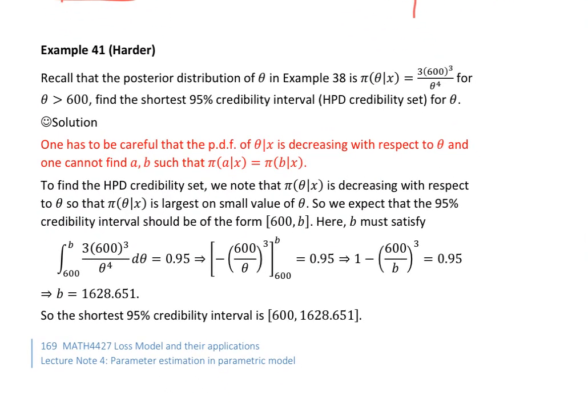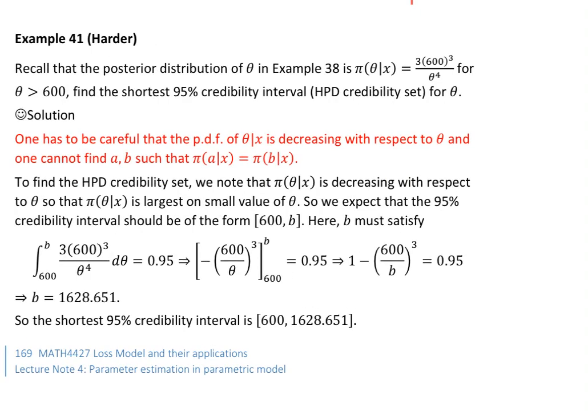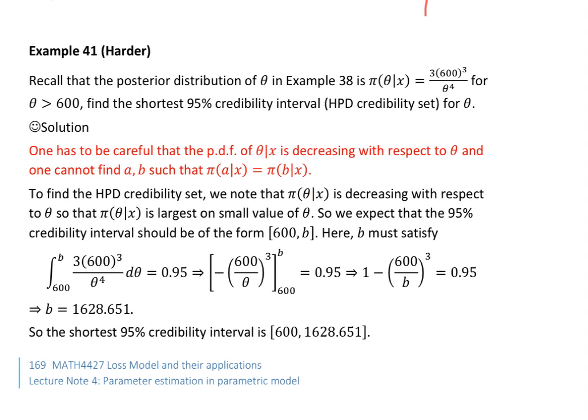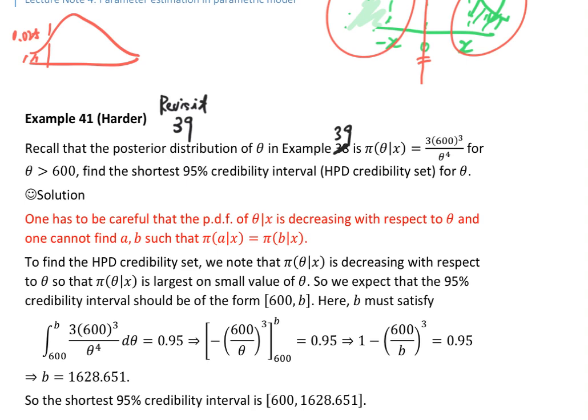Now in this example 41, we will try to revisit example 39. Let me just quickly review what that example is about. In example 39, remember, we considered a claim amount in an accident which follows the uniform distribution.